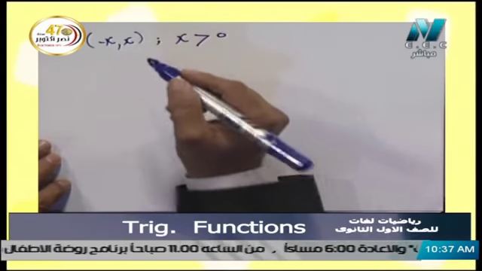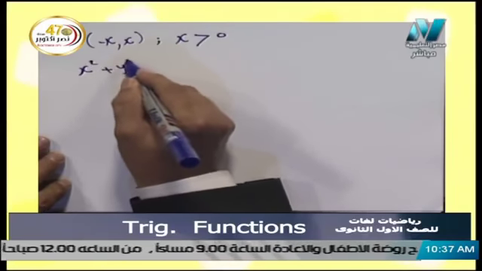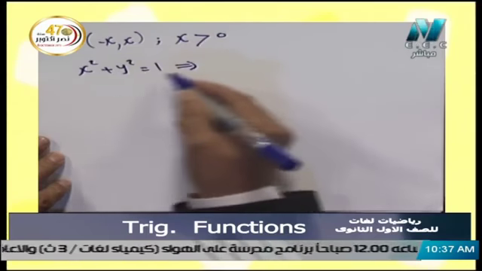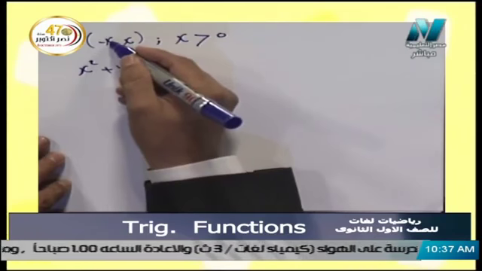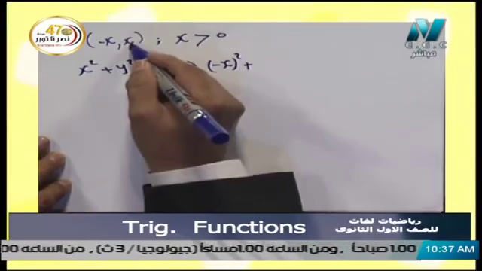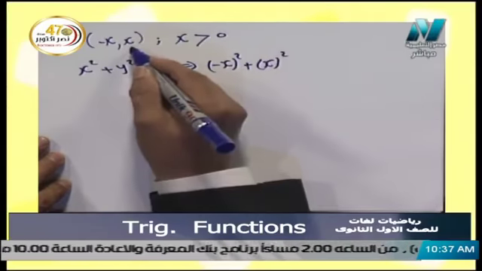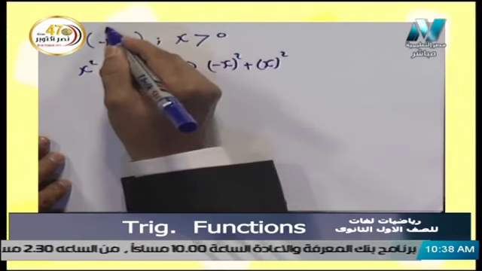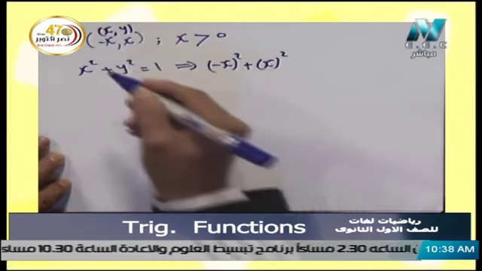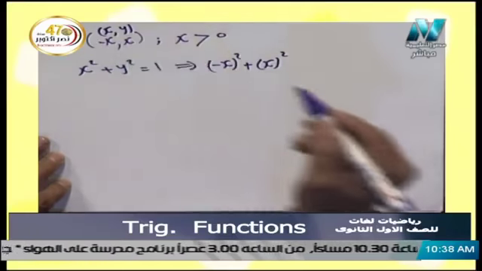We know that x squared plus y squared equals 1. This is the important rule which we depend on to solve this. Any point's coordinates will be x and y, so the first coordinate here is negative x, and the second coordinate, which is y, equals x.